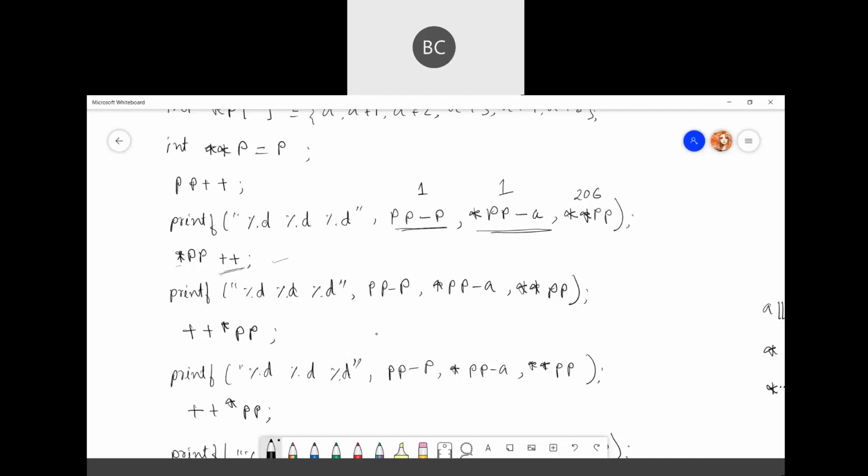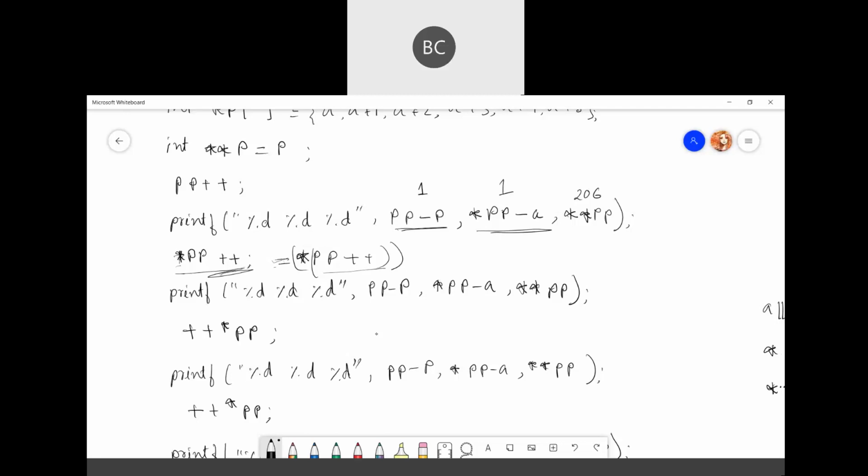So this portion we can also write like this: PP first will be incremented. Then we will use the pointer. It is not like we are incrementing the value of PP. Here we will increment PP first, then we will see the pointer part.